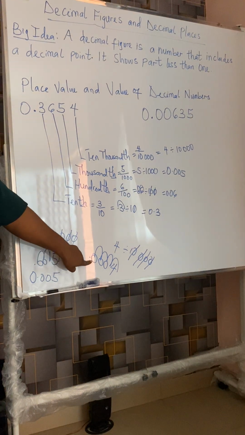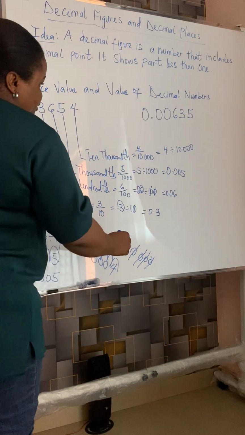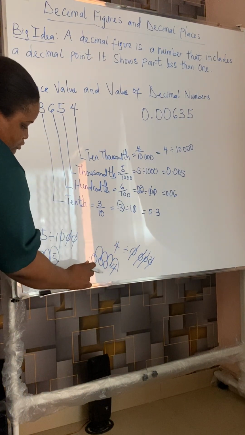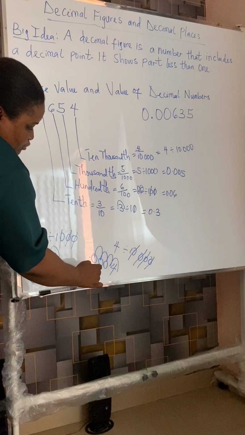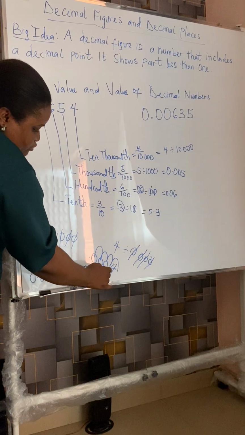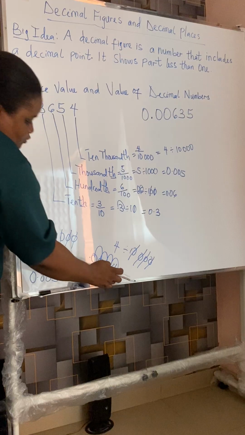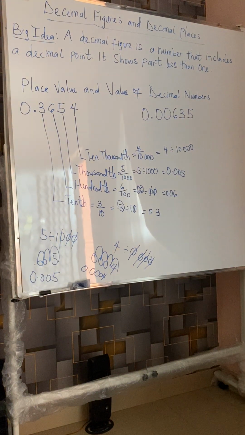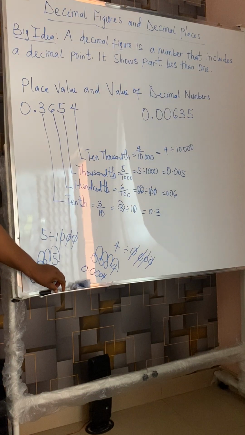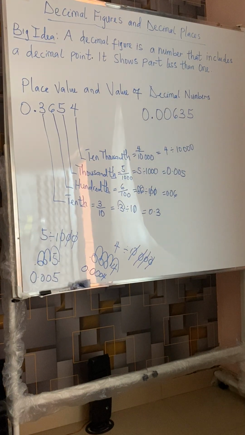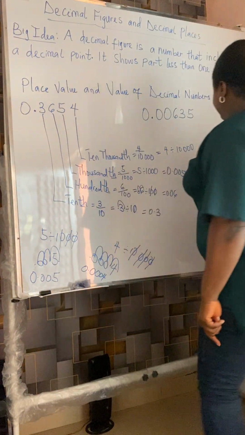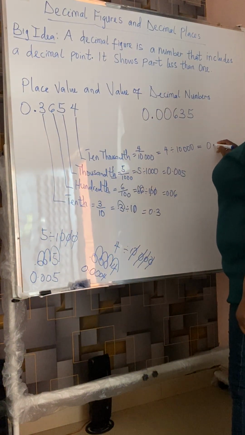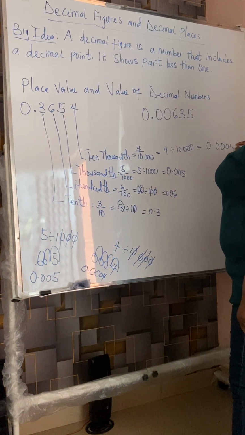So that 4 over 10,000 is what? 0.0004. It is very important that we take note of this. So with this, this is 0.0004.